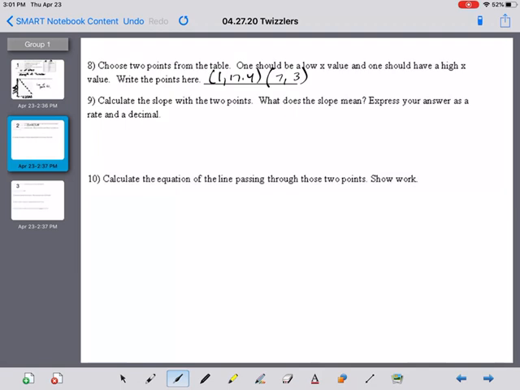Calculate the slope with the 2 points. Okay, so slope we know is y2 minus y1 over x2 minus x1. So 3 minus 17.4 over 7 minus 1. Now, we actually get a decimal in the fraction. So in this next step, divide.